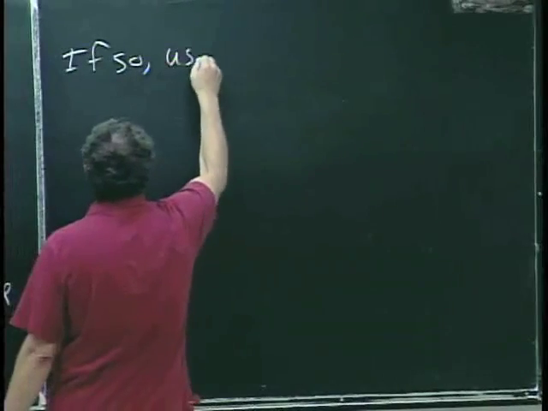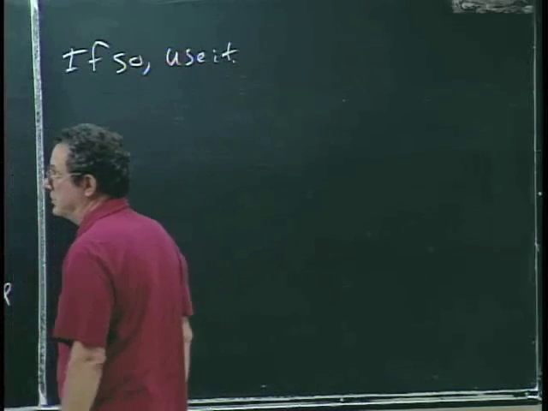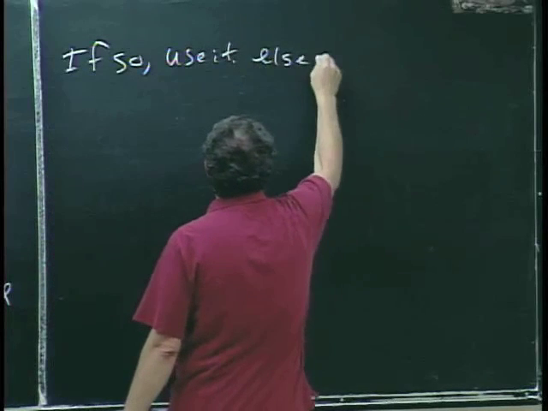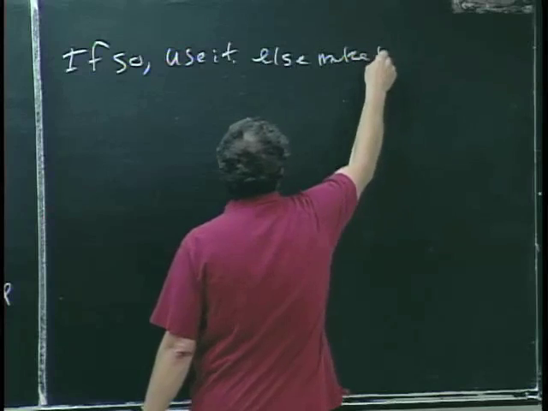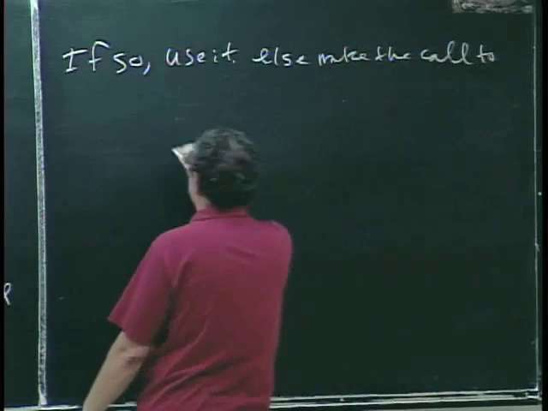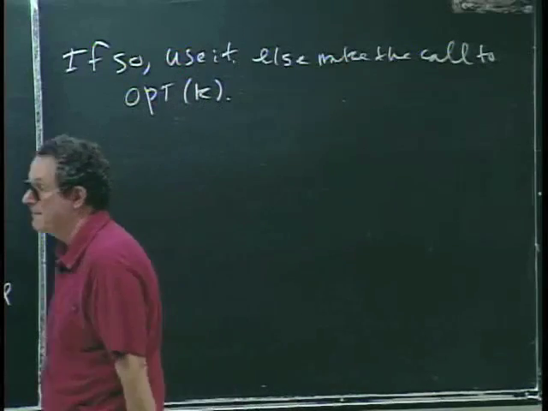just use it. You don't have to issue additional recursive calls. You just use it. Otherwise, you make the recursive call as before. Opt k. Okay?